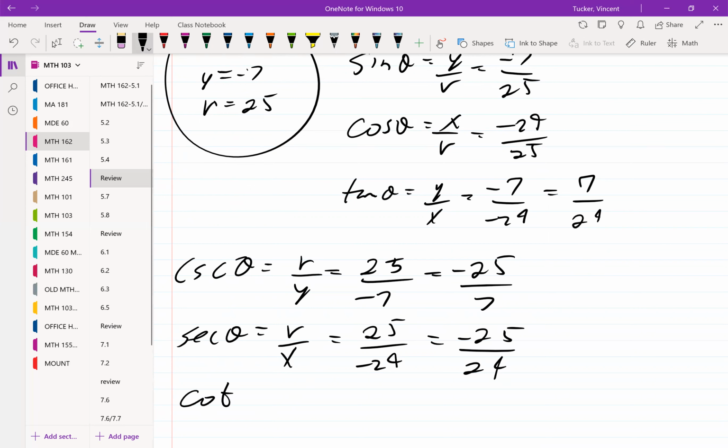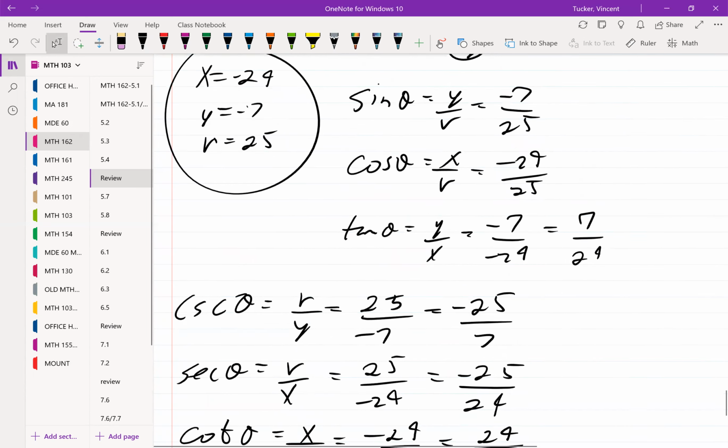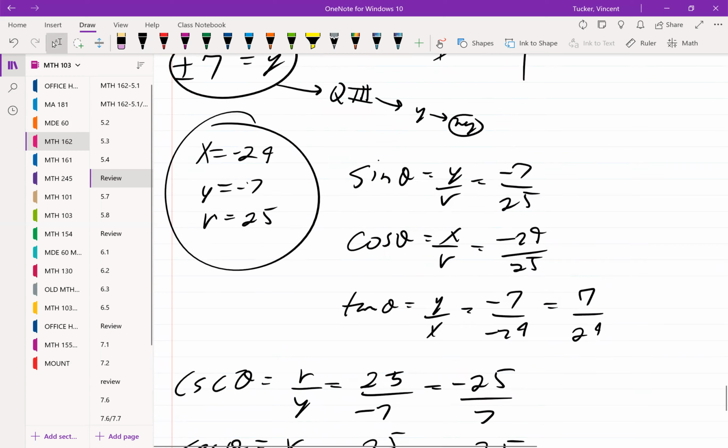And then cotangent, x over y. That's 24 over 7. All right, so those are your 6 trig functions according to the information that was given to us initially.